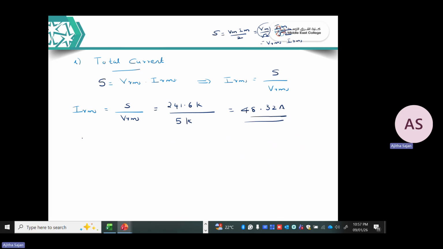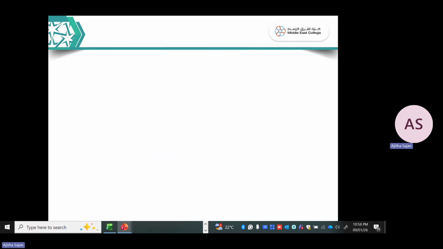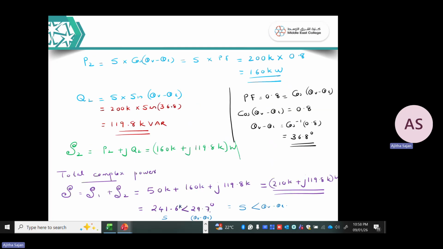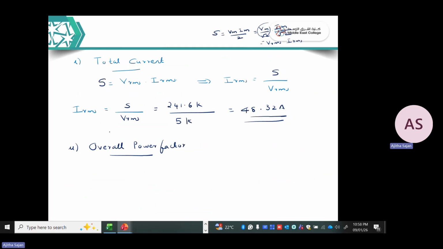Now the second part is the overall power factor. Already you got theta V minus theta I. So overall power factor is easy to get because you got the overall complex power. The corresponding angle theta V minus theta I overall is 29.7.